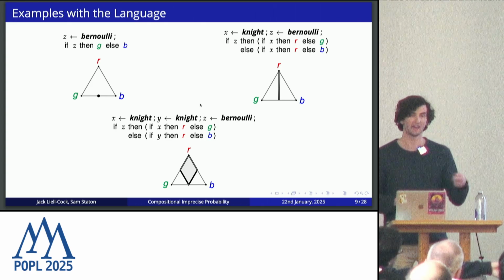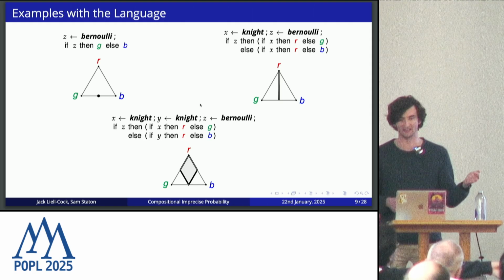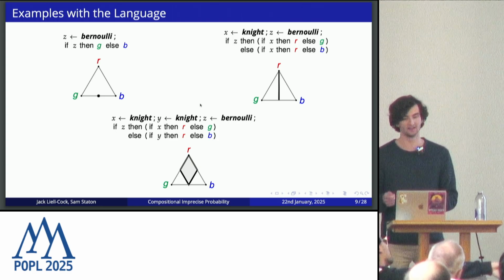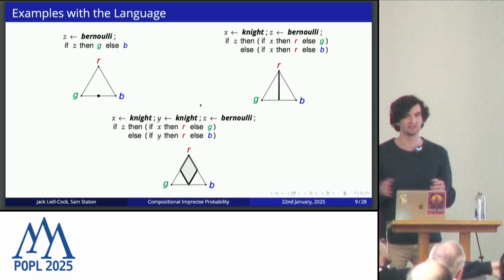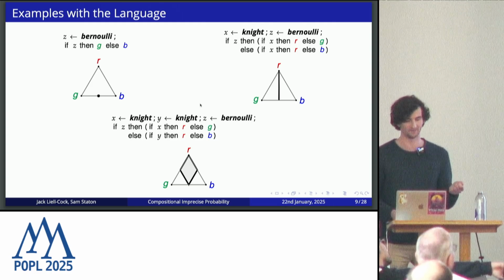On one hand, x is certainly true, and if this is the case, it doesn't matter what z is, we will get red with 100% certainty. On the other hand, x is certainly false, and in this case we'll get 50% chance green and 50% chance blue based on the Bernoulli trial. Because x can be any convex combination of these extreme distributions, we get the convex set between this certainty of red and equal odds green and blue.